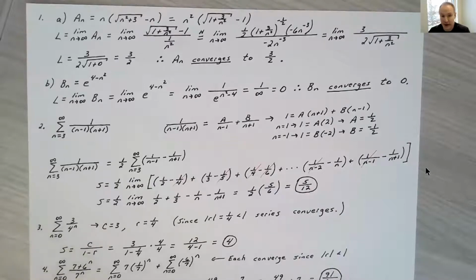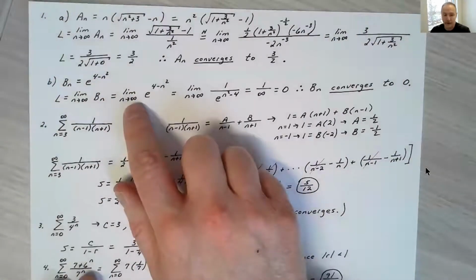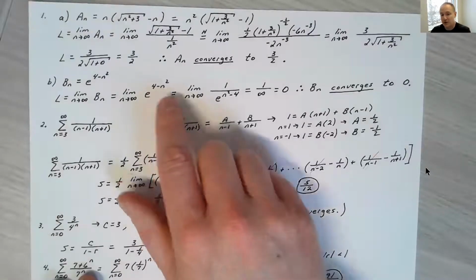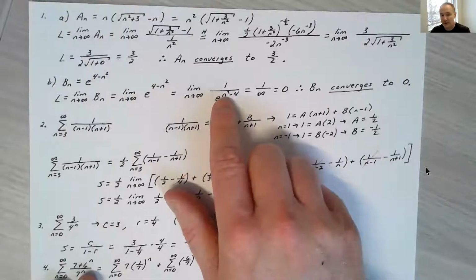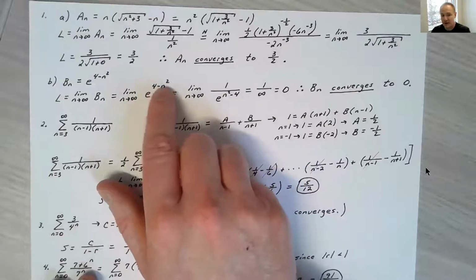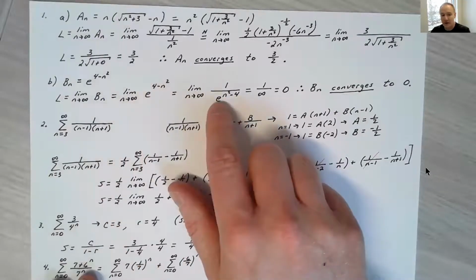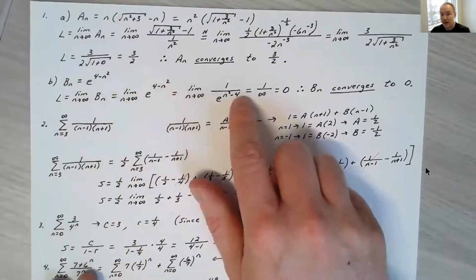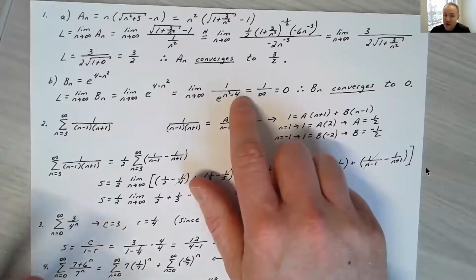Just to make sure I was very clear, I went ahead and rewrote this, and I said, well, the limit as n approaches infinity of this exponential function, I can put that exponential function in the denominator if I change the sign on the exponent. That means e in the denominator would be to the positive n squared minus 4 power. Now, this makes it a little bit more obvious.